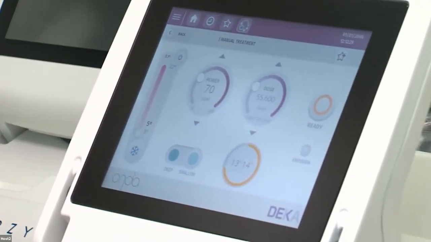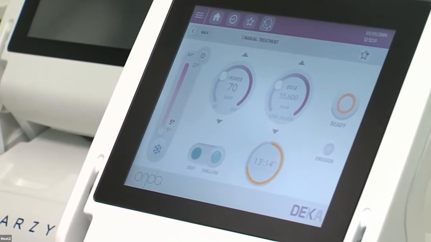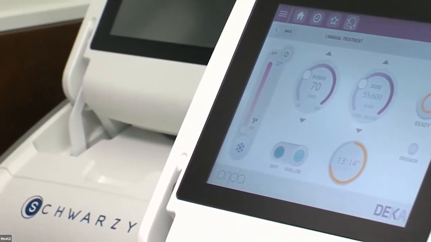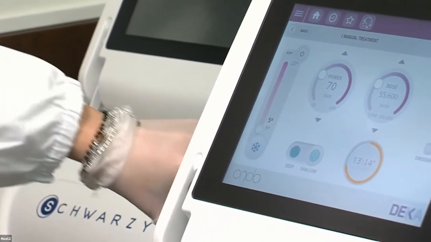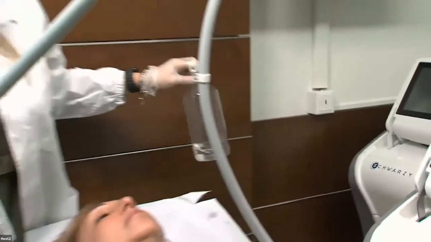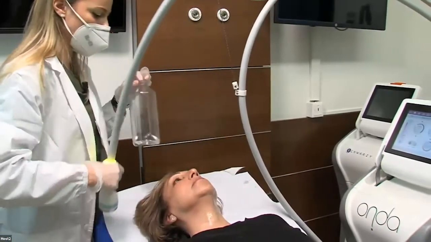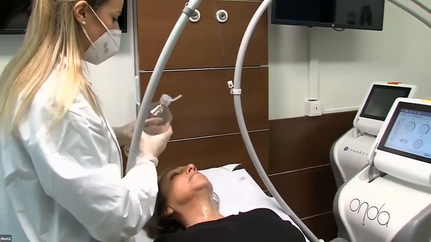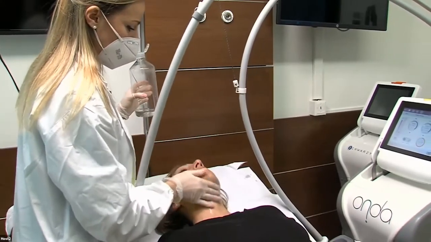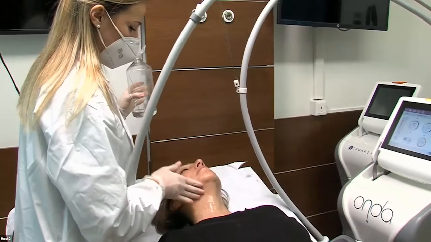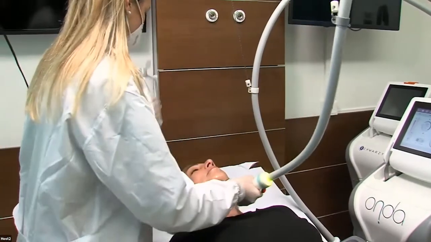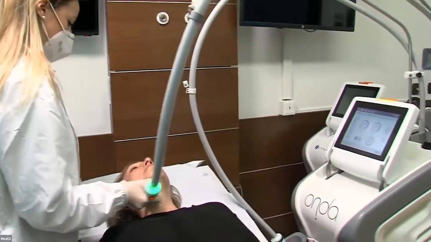And I cool down the skin of my patient for a few seconds. I rub some Vaseline oil more for better sliding, and I start the treatment again.